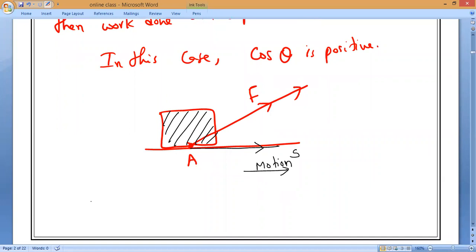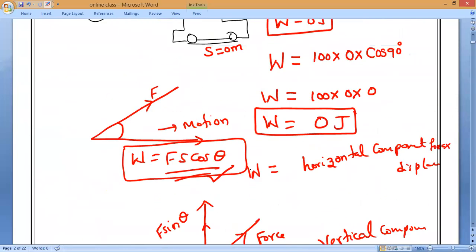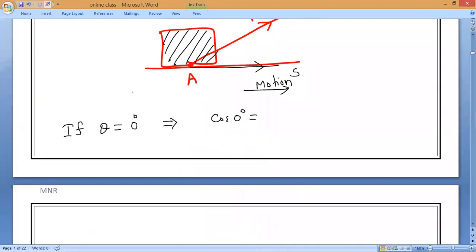Understanding? For example, if theta is equal to 0 degrees, what will be the value of cos theta? Cos 0 degrees is equal to how much? 1, sir. So what is the work done formula? Work done W is equal to Fs cos theta.